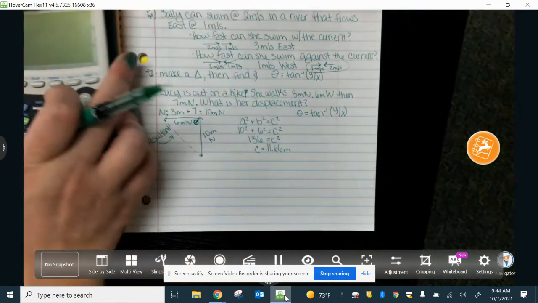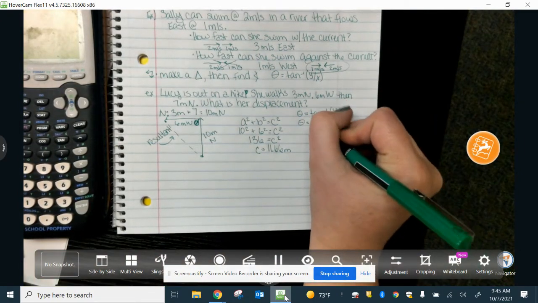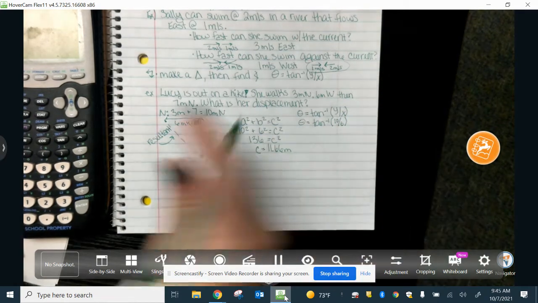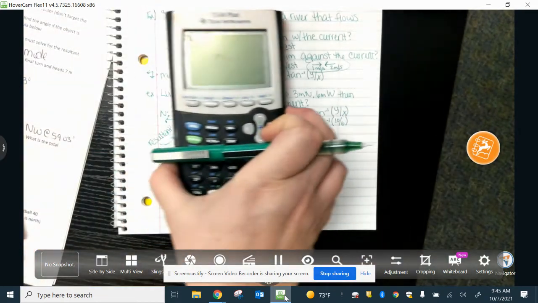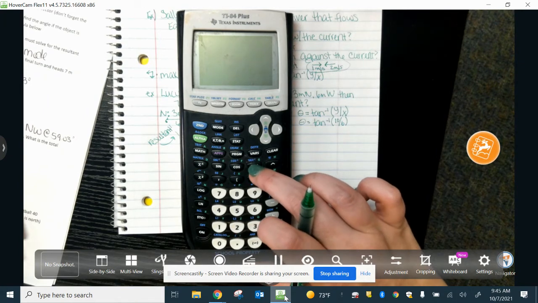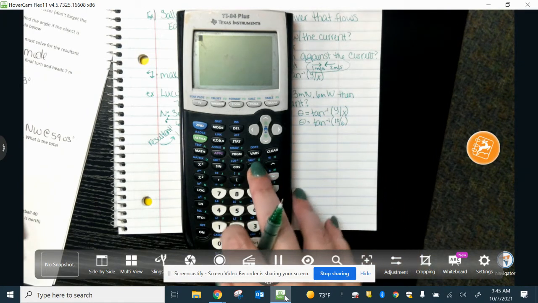All right, to solve for this angle, we get the inverse tangent of 10 over 6. So you should see the tan button. Above it, you'll see little blue letters that say tangent to -1. That's an inverse tangent.